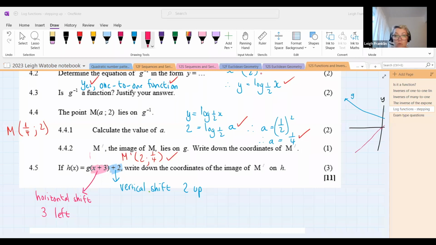In other words, we are working from what we calculated in the previous question, what I've just highlighted in purple, because they've told us to work from M prime. So we have to take 3 away from 2, and we have to add 2 to a quarter in order to get the new coordinates at M. So the x coordinate at our new image of M is going to be what?